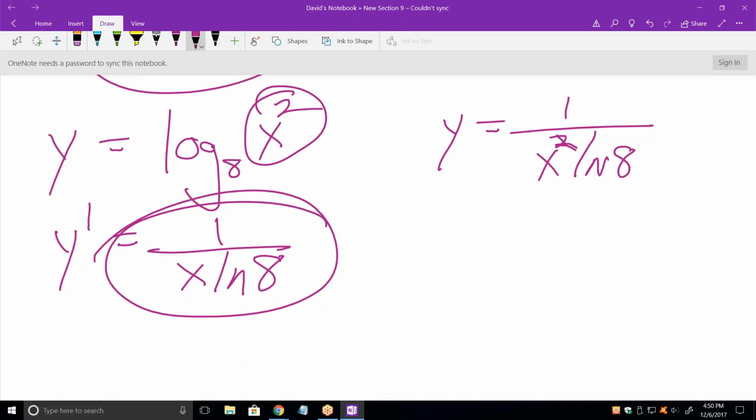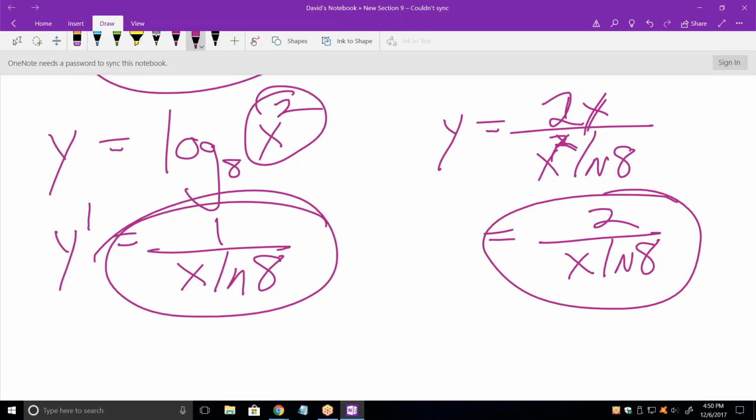Now I have to apply the chain rule and multiply everything by the derivative of the inside, which is 2x. So the x's cancel, and you end up with 2 over x times natural log of 8. So that is the derivative of this one because of the chain rule. The chain rule is the only difference.